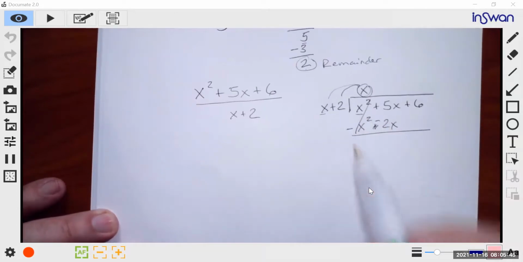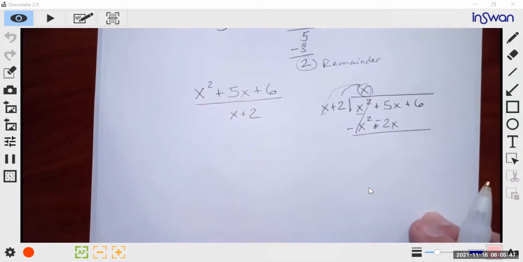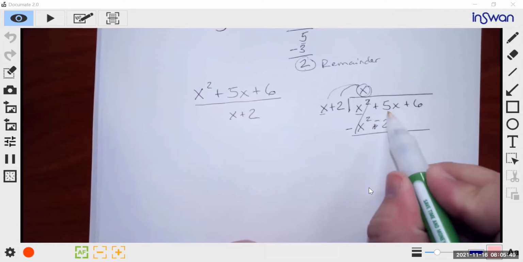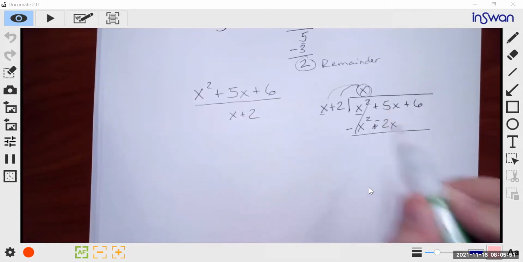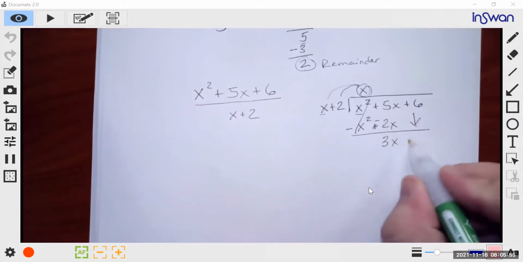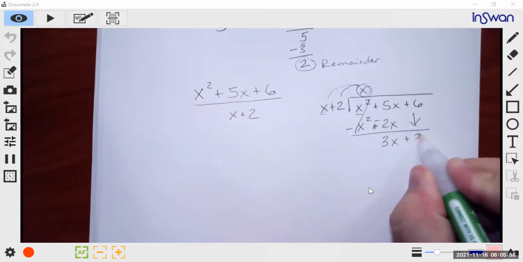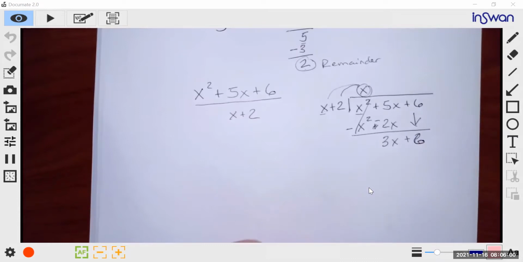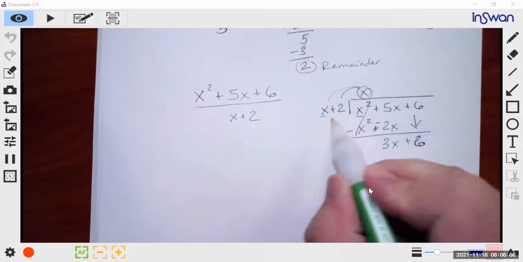The first term should always disappear. If it doesn't, you did something wrong. Now see what we have left. 5 minus 2 is 3x, and bring down everything else. Repeat the process. Look at the leading terms.